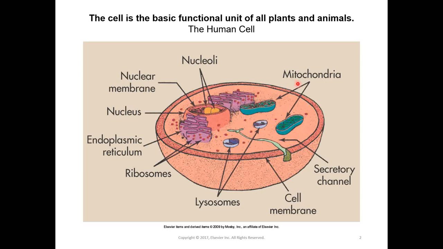The mitochondria are here. These are the powerhouses of your cell. And then you've got your endoplasmic reticulum and your little ribosomes and your lysosomes, which are your garbage collectors here.